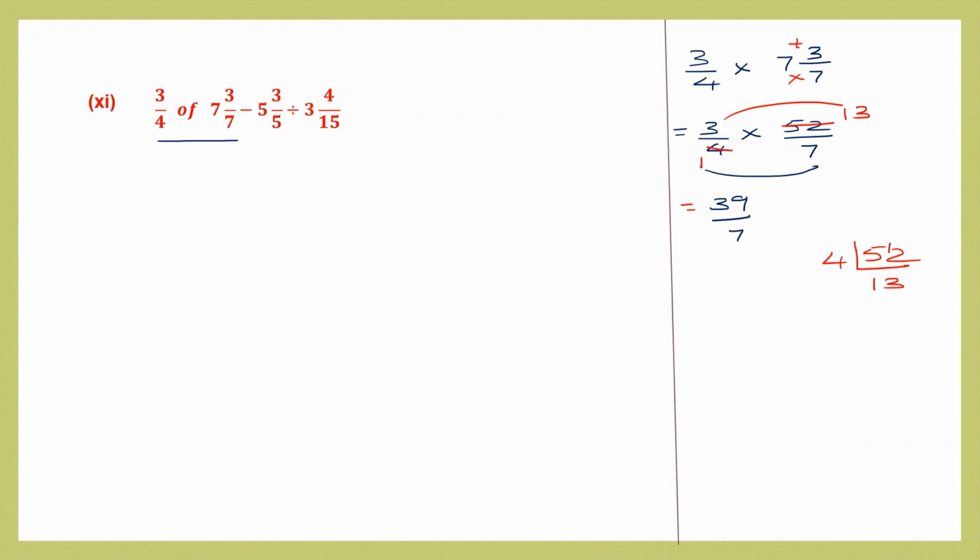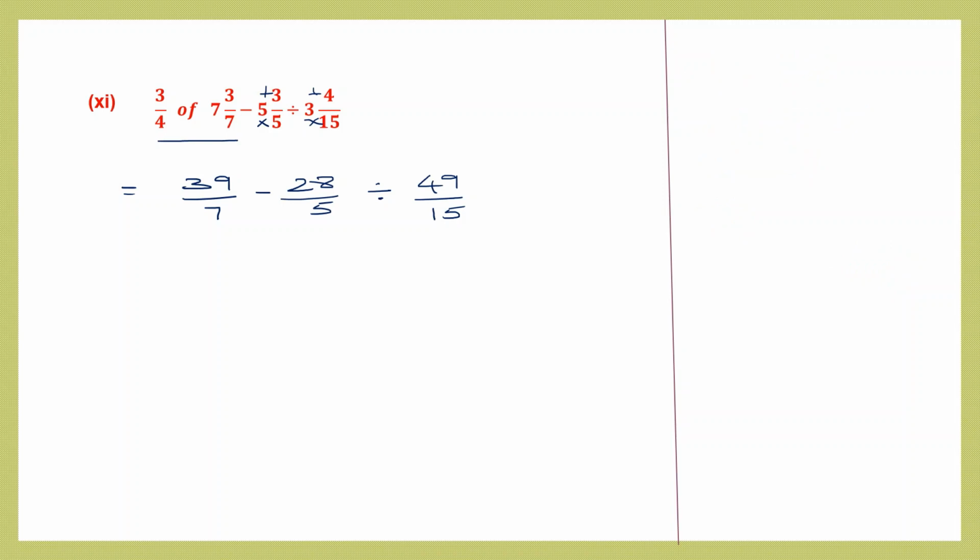So we get 39 by 7. Let's write that here. 39 by 7 minus, let's convert. 5 5s are 25 plus 3 is 28 by 5 divided by, now here also let's convert. 15 into 3 is 45 plus 4 is 49. So 49 by 15.